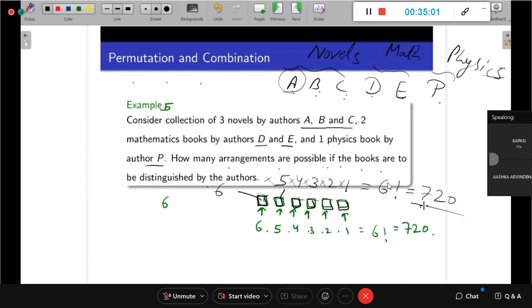Now, this is the case when you are distinguishing the books by the authors. Suppose you are distinguishing the books by the subjects. What will happen? The novels are sitting together, maths books are sitting together, physics books are sitting together.